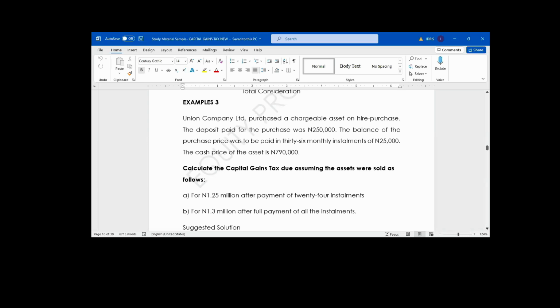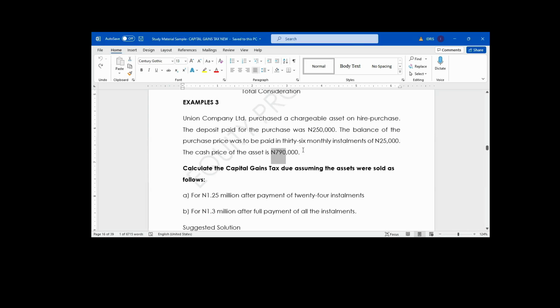So, how do we calculate? First and foremost, how much is the entire purchase price? The cash price, assuming he's buying the asset in cash, is 790,000.